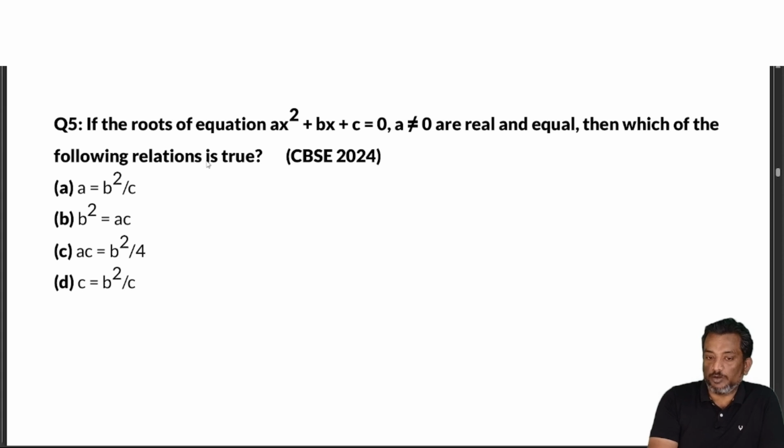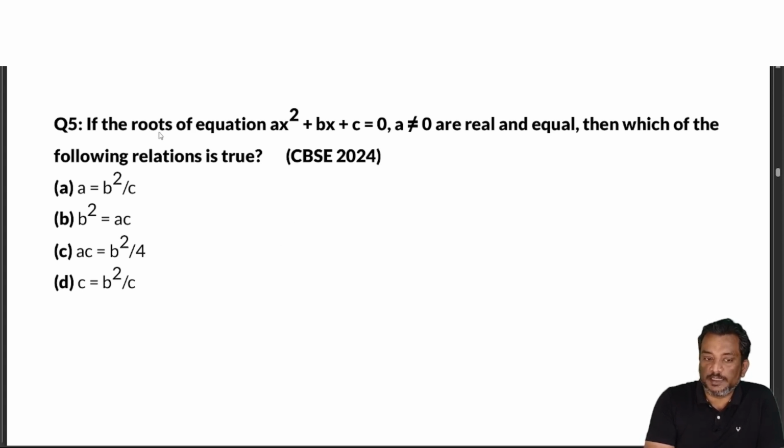Now coming to the next question, question number 5 of 2024. If the roots of the equation ax² plus bx plus c is equal to 0, where a is not equal to 0, are real and equal, then which of the following cases will come? So here it is saying the discriminant is equal to 0.